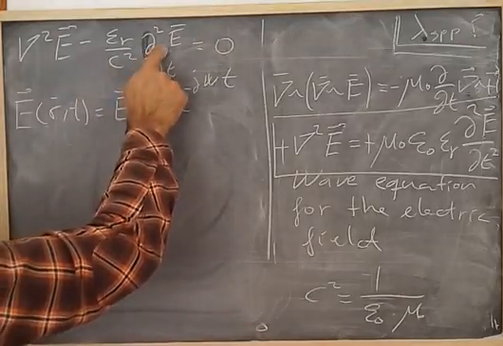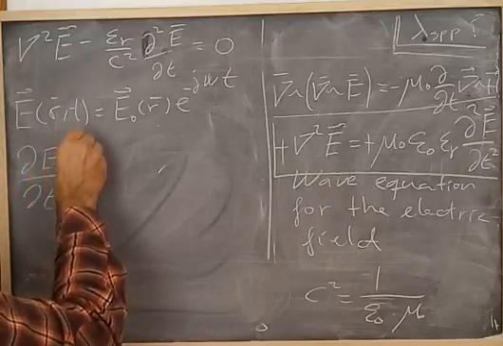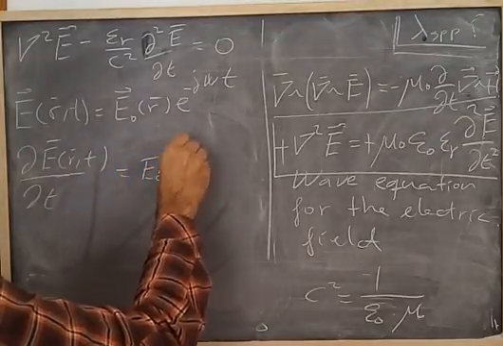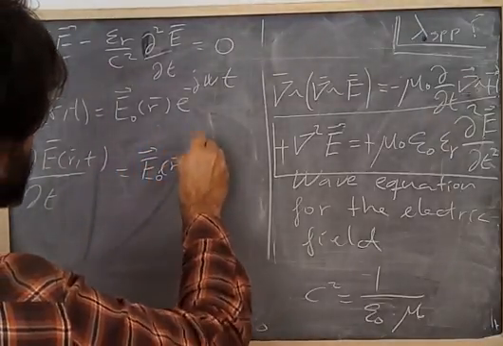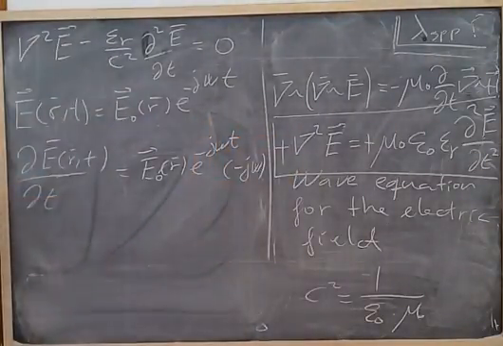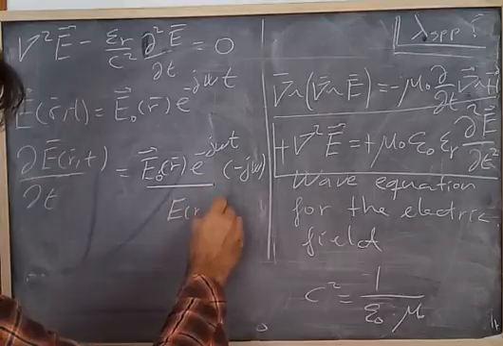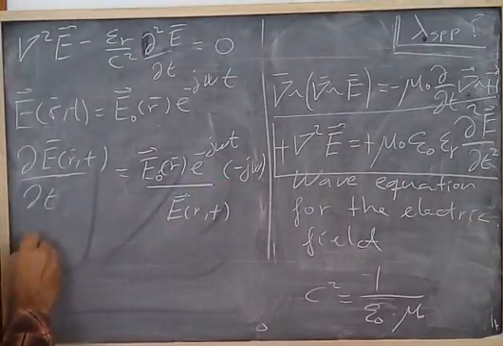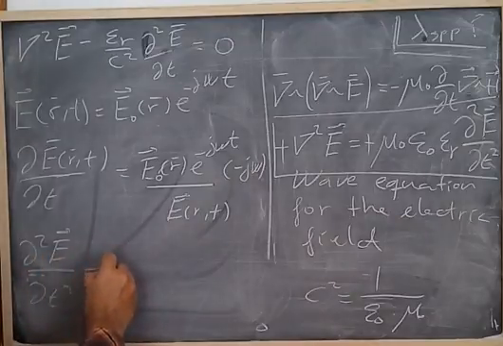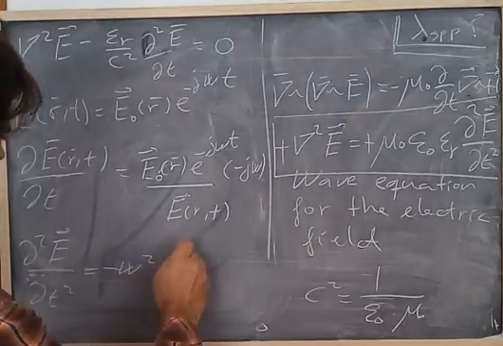By doing the derivative of this equation, and the second derivative using this here, we have minus omega squared.